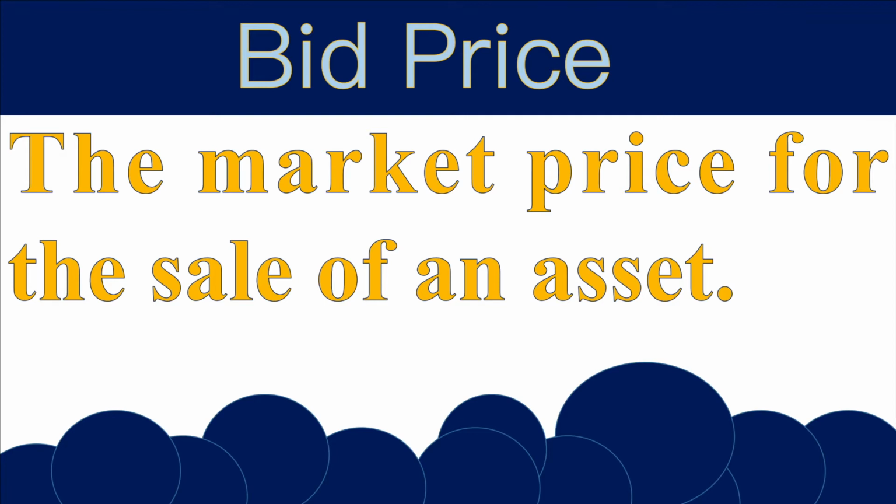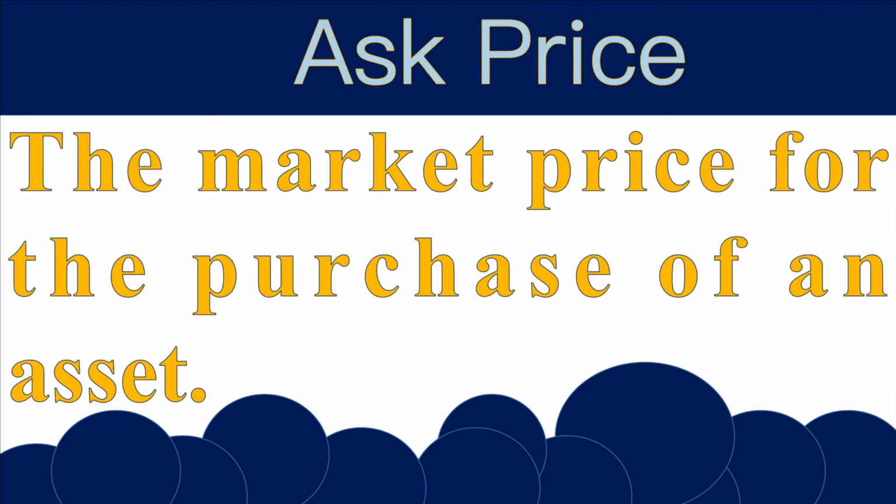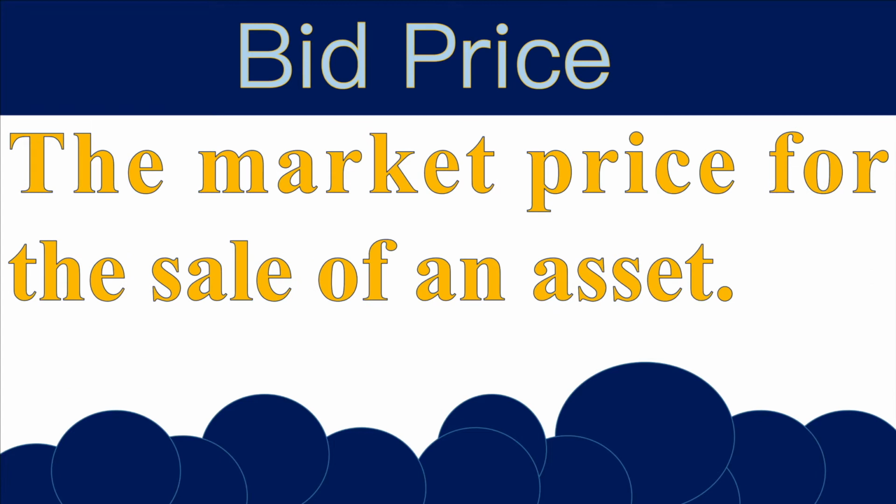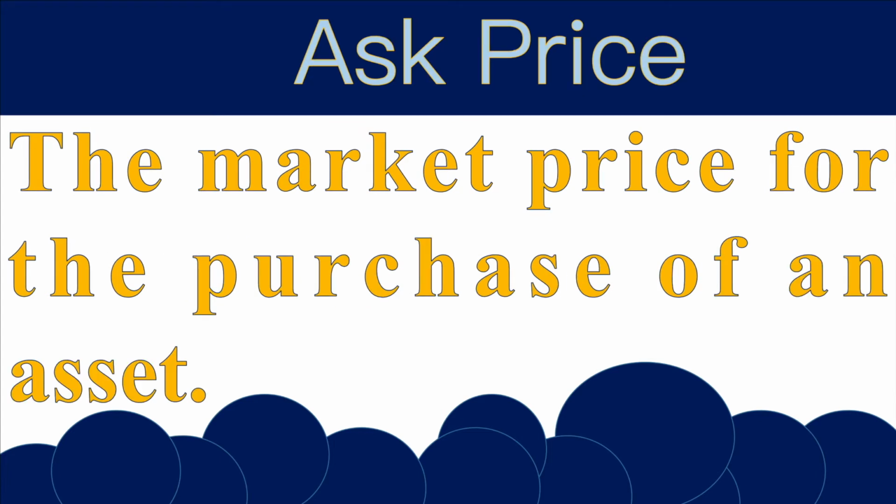So 5,000 naira is the bid price for that particular product, because that's the price the person is willing to sell the t-shirt. Then ask price. The market price for the purchase of an asset is known as ask price. It's more like bid price is for sellers and ask price is for buyers. So ask price is the price that the person that came to a shop to buy a t-shirt is willing to pay for that particular shirt.